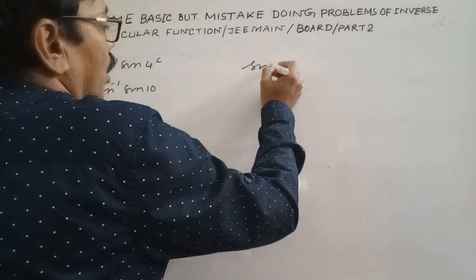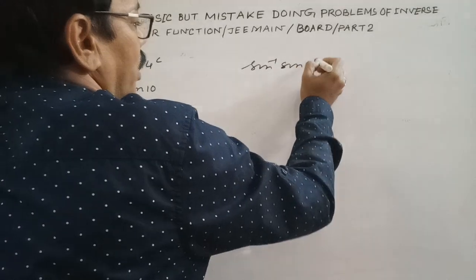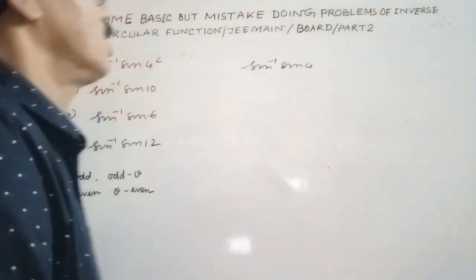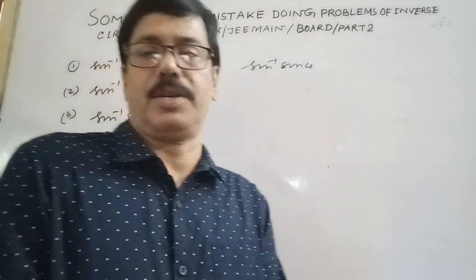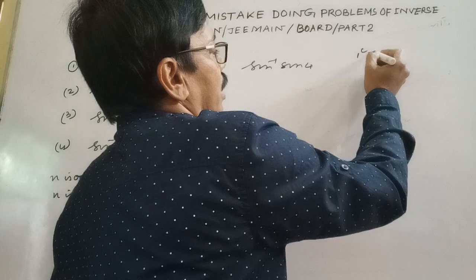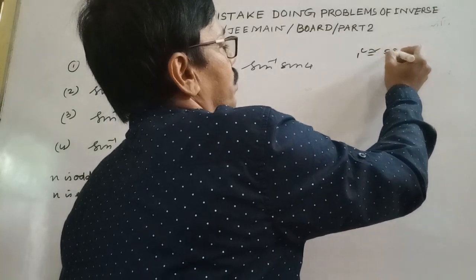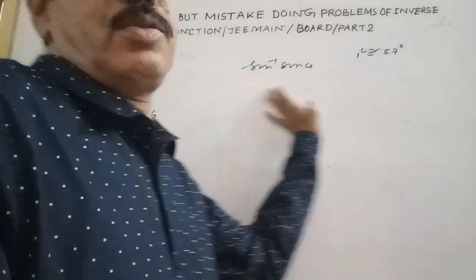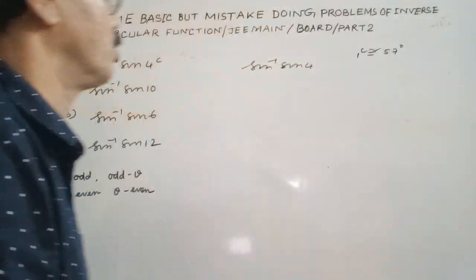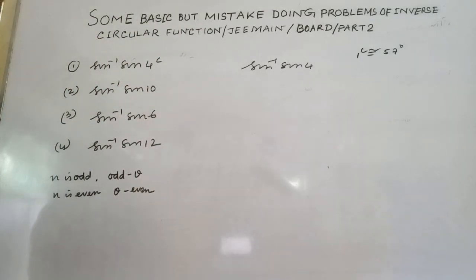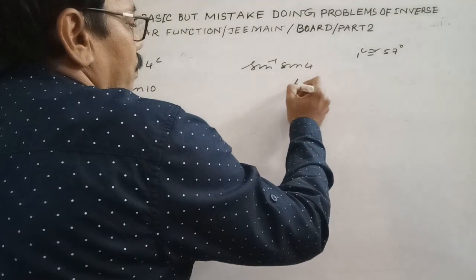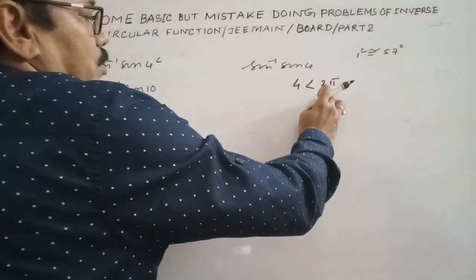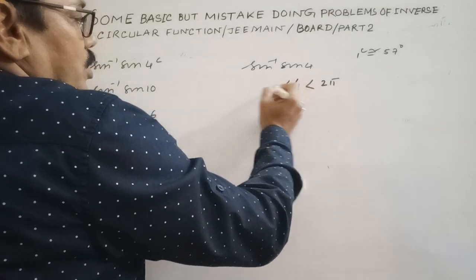So sine inverse sine 4 radian. This does not belong in the interval of minus pi by 2 to pi by 2, because 1 radian approximately equals 57 degrees. So this does not lie in the principal value, minus pi by 2 to plus pi by 2. So express 4: this is 2 pi, 2 pi means 2 into 3, 6, and this is 4, so this is pi.